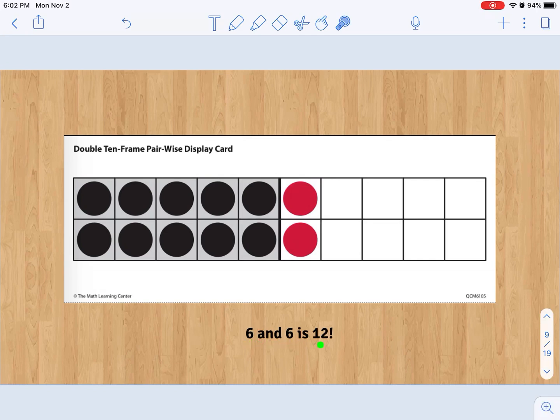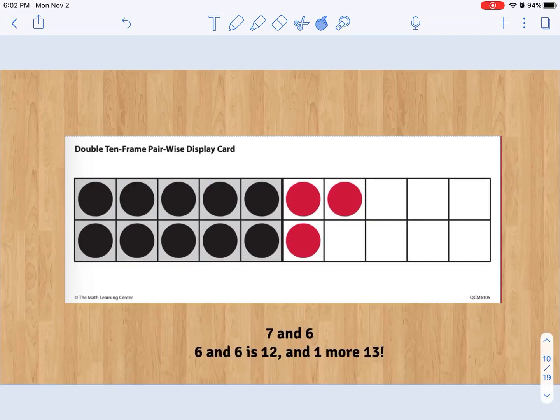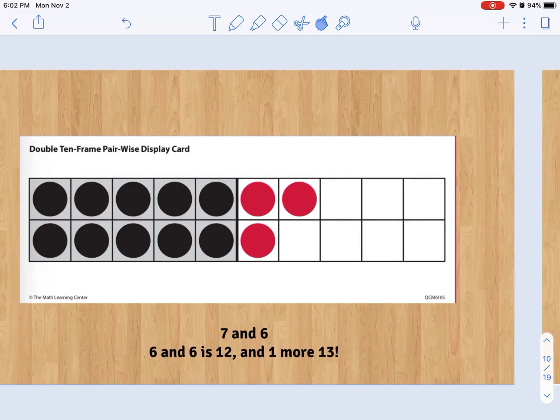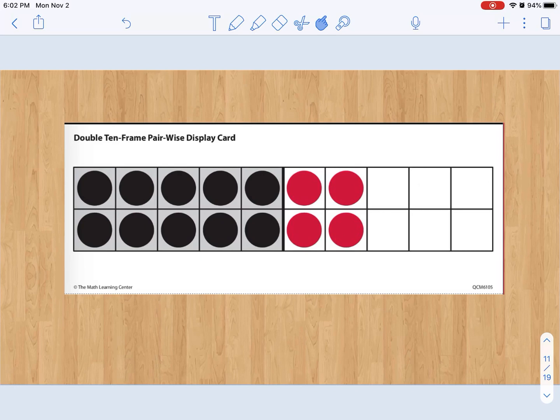6 and 6 is 12. 7 and 6. 6 and 6 is 12, and 1 more is 13. Now you try.